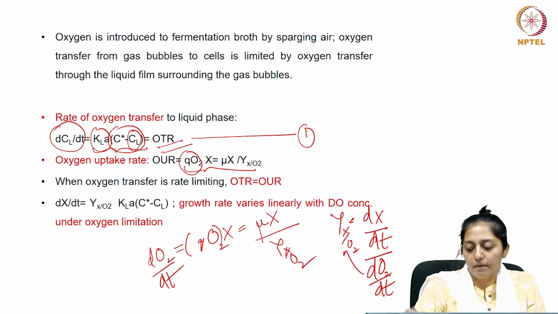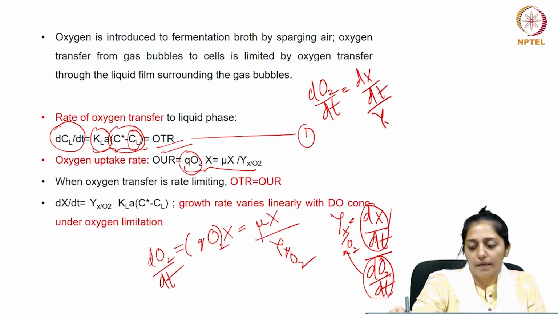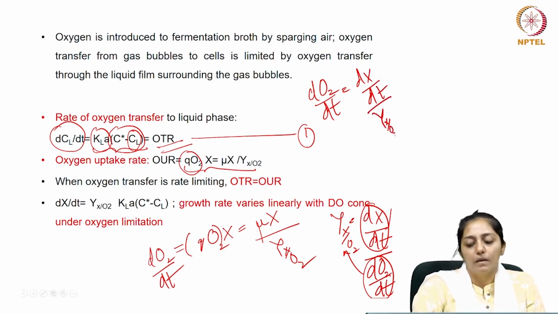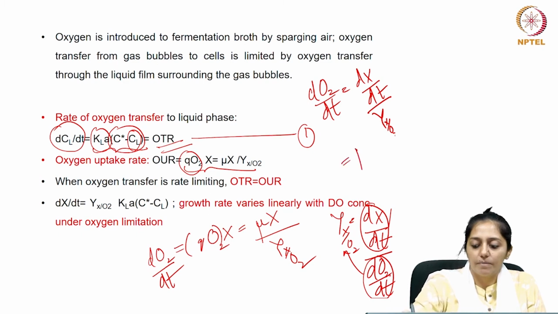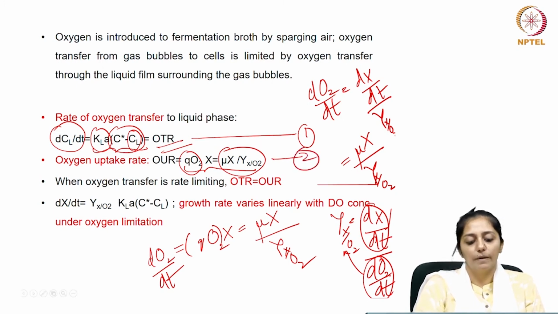So if you need to know the rate at which oxygen is getting consumed for growth, you can write it as dX by dt by Y X/O2. Now this dX by dt is again substituted as mu times X, and then you get your equation 2.